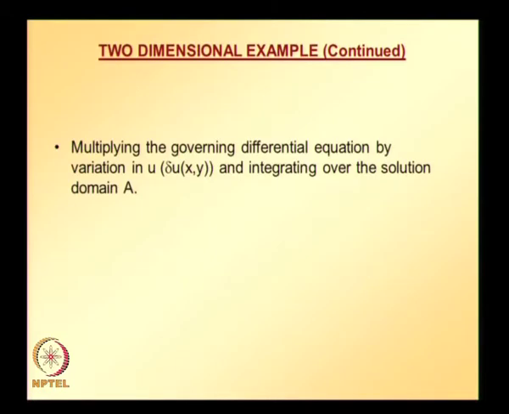Multiply the governing differential equation by variation of u. Here, since u is a function of x and y, it is going to be variation of u in brackets x and y, and integrate over the solution domain. Next step, we need to use integration by parts, that is nothing but applying Green's theorem that we already did when we were solving this problem using the modified Galerkin method.